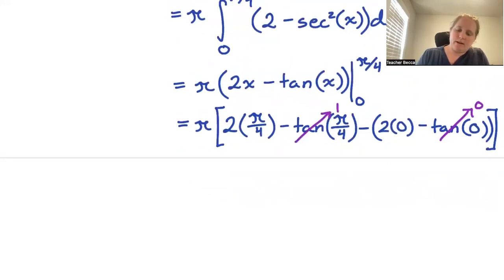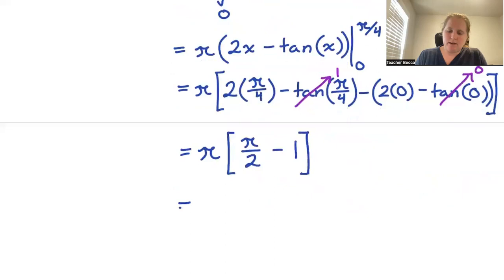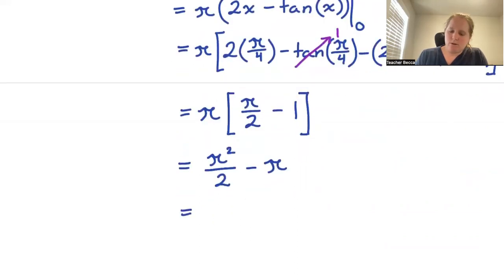So we are looking at pi times pi over 2 minus 1, otherwise known as pi squared over 2 minus pi, or pi squared minus 2 pi all over 2.